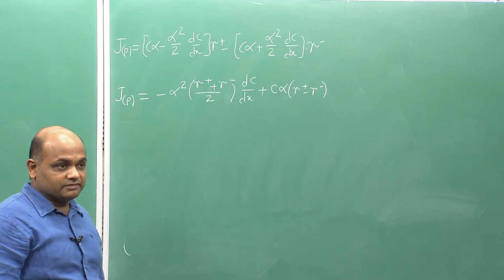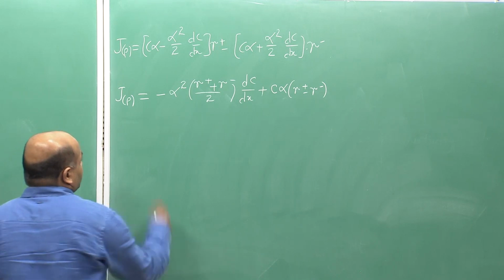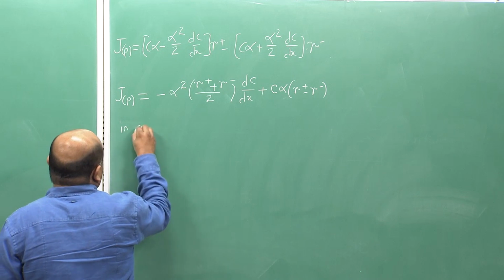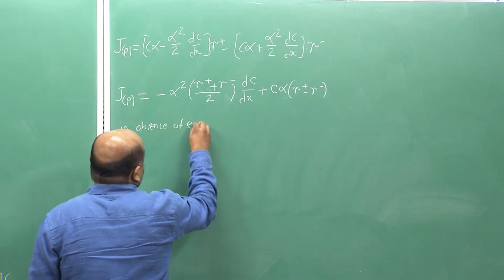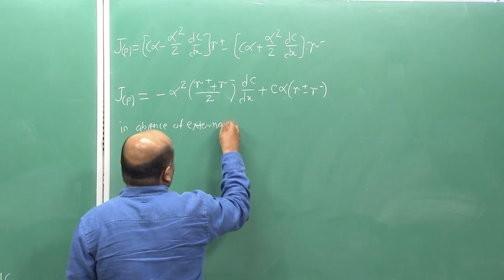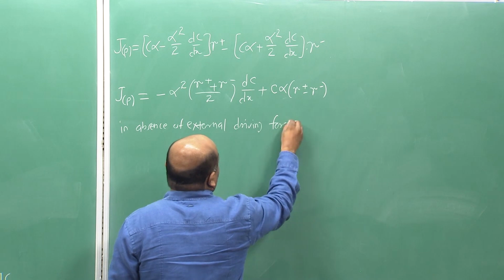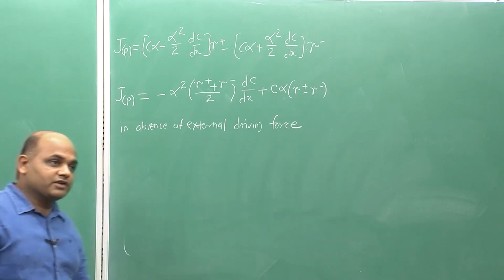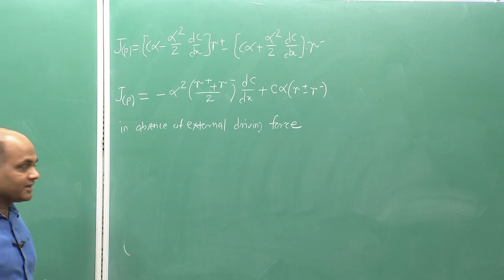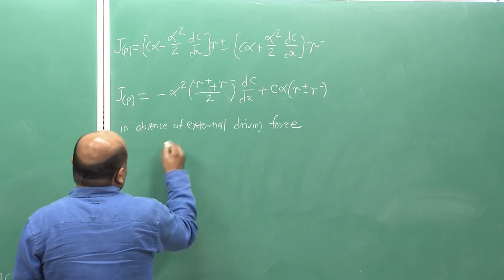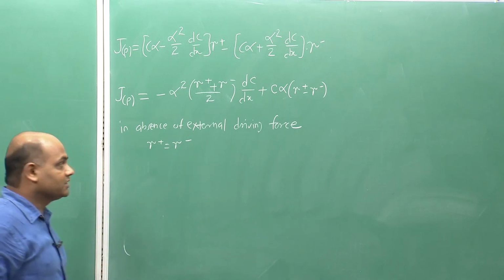So, what do we get? In absence of any external driving force, the jump frequency in plus x direction or minus x direction should be same, right. So, we have gamma plus equal to gamma minus. So, this term will vanish.